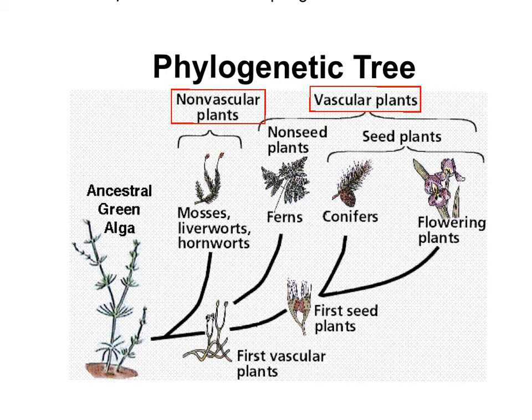You can compare it to the circulatory system in humans and some of the other animals. That's basically what it does. It moves nutrients around. So we have plants that do not have a transport system, and we have plants that do have a transport system.